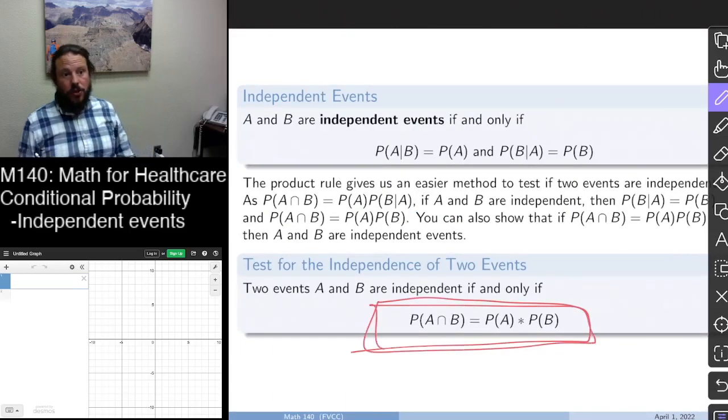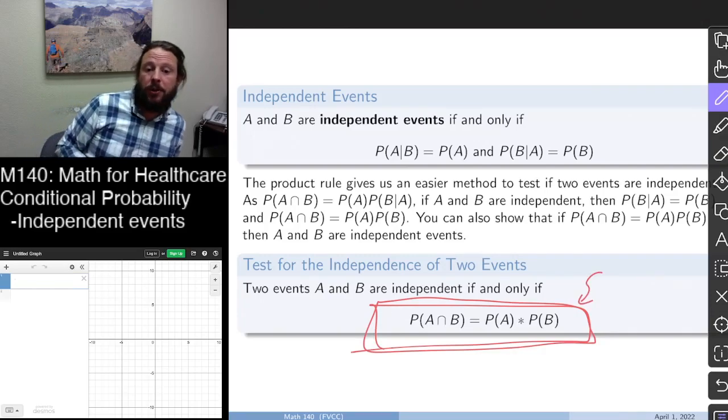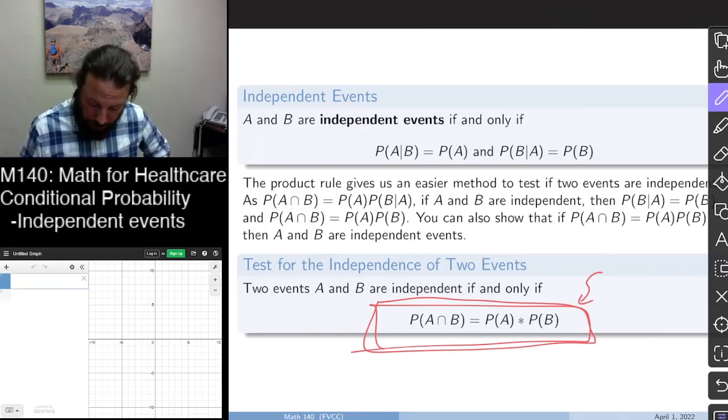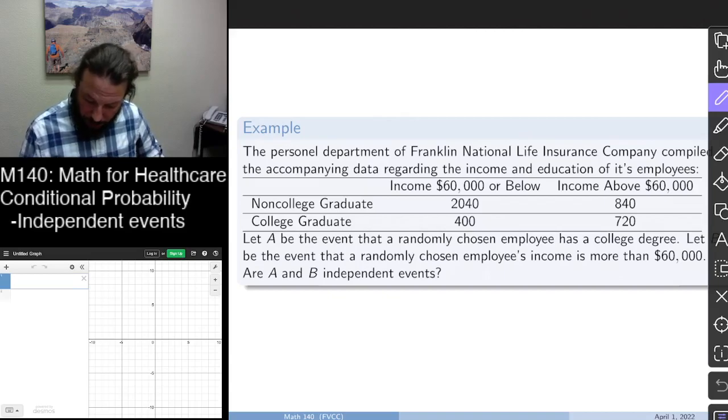All right, you can't just think about it and guess whether things are independent. You will be told sometimes things are independent, but in general, we're just not sure. And this is the best way to be able to check if two events are independent. The product rule. Does the probability of A intersect B equal the probability of A times the probability of B? All right, so let's look at an example here.